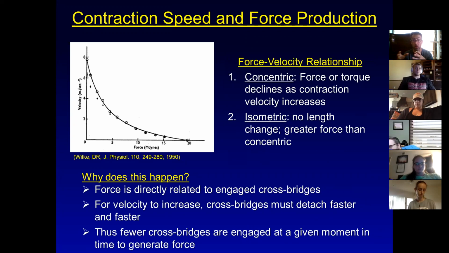And then you have a certain number that are in that transition step where they've broken off and are moving back to their high energy state so that they can reattach again. Okay? The faster that you are going, the faster we have to detach. The faster we have to detach at any instant, then there's going to be more of that population of cross bridges that are detached and moving back to high energy state than there are at a slower velocity. And that means when there's fewer that are attached at any instant, you're going to generate less force.